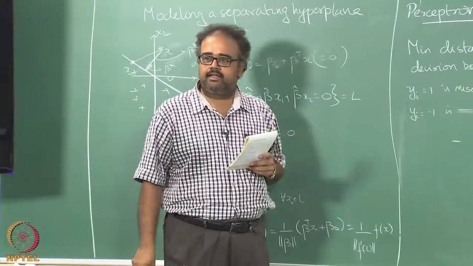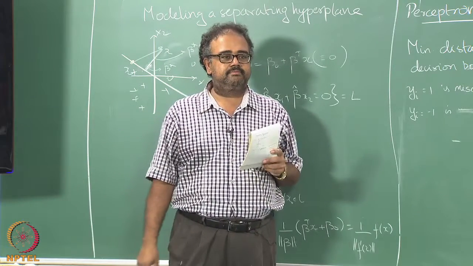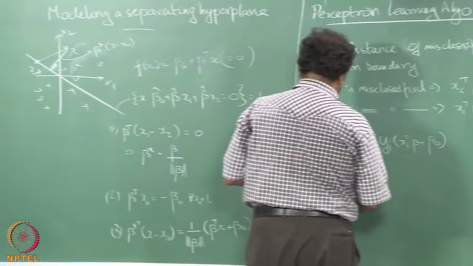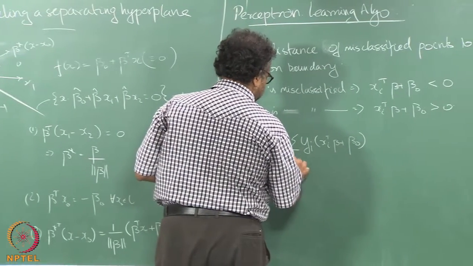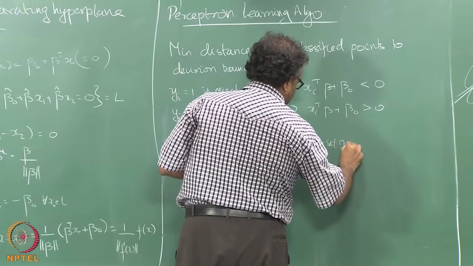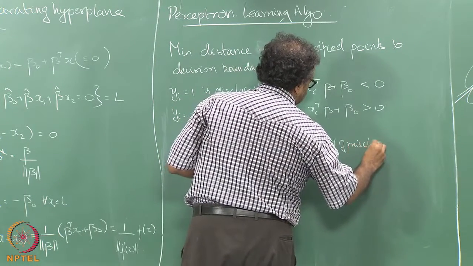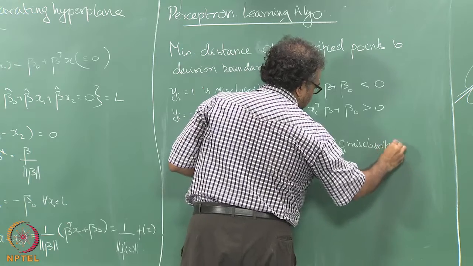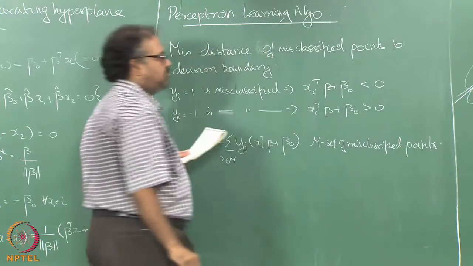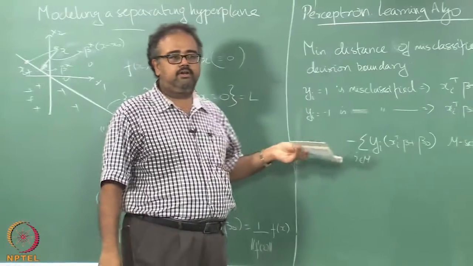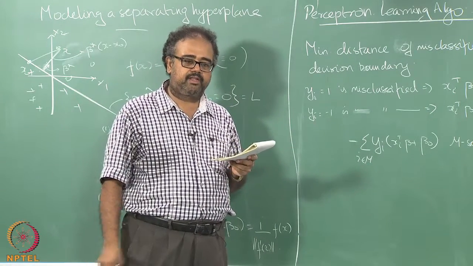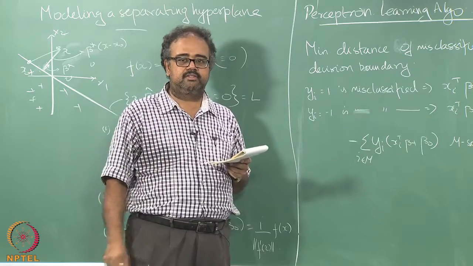I take that and I minimize it, for all the misclassified points, and I try to minimize this.